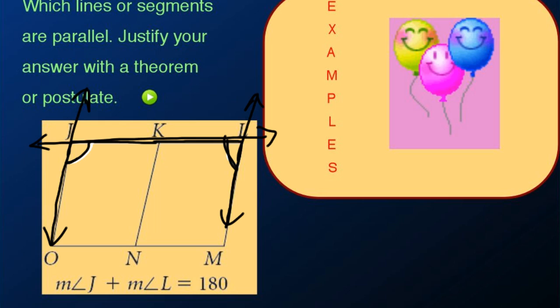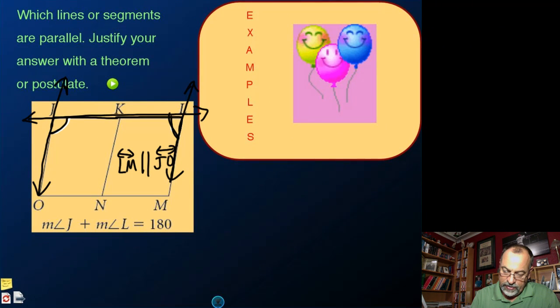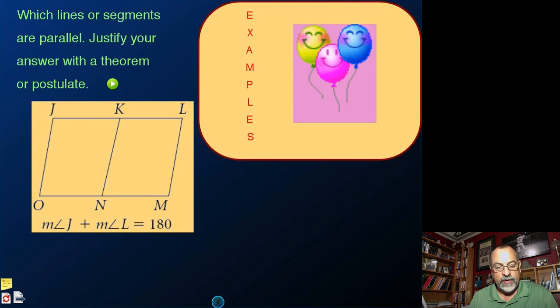Well, this line here, line LM, would be parallel then to line JO, because of the converse of the same side interior angle theorem. The converse providing that those angles are supplementary, then the lines that make those would have to be parallel. So that's how you would do that, using the converse of these theorems.